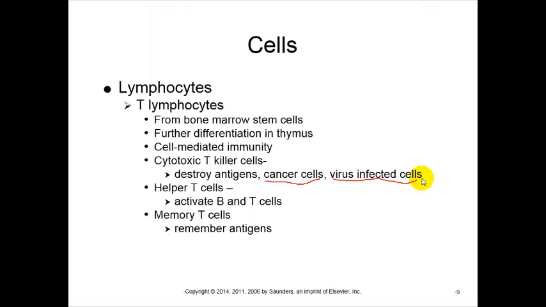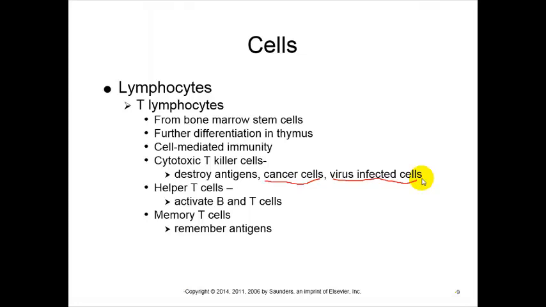However, there are going to be slight differences in the way the cell membrane looks due to the presence of some antigens. And those cytotoxic T killer cells are going to be able to identify this cell as a cancerous cell, or this cell has been infected by a virus. So it can go out and destroy that cancer cell or virus-infected cell.